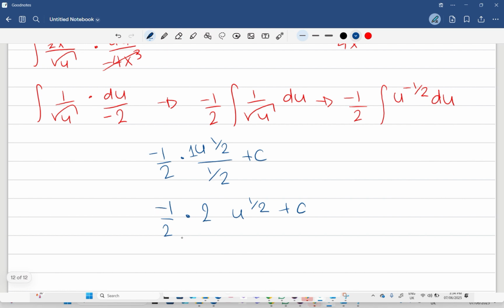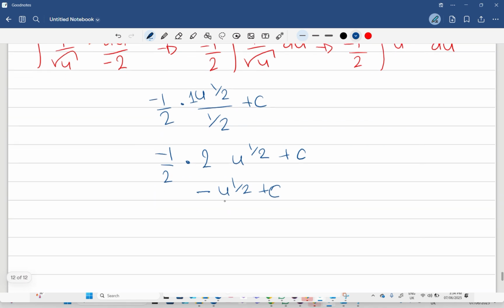This is going to be negative 2 over 2, which is just negative u to the power of half plus c. Then I'm going to get the value I chose as my u, and I'm going to substitute it back down. So negative radical 1 minus x to the power of 4 plus c is going to be my final answer.